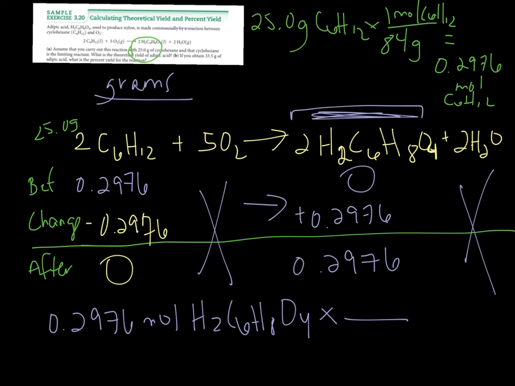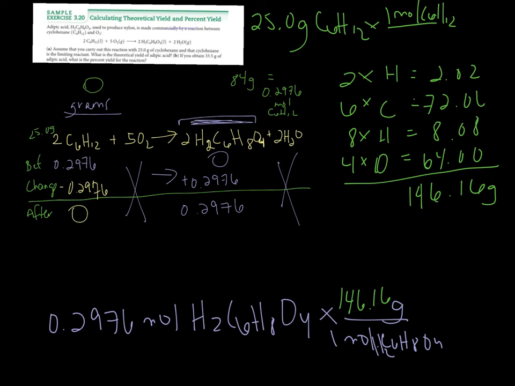So I'll write down here for every 1 mole of C6H8, I forgot the H2O4, what mass do I have? I figured that out up here on the side. Came up with 146.16 grams. Hopefully I didn't make a mistake. For every 1 mole of adipic acid, I have 146.16 grams.